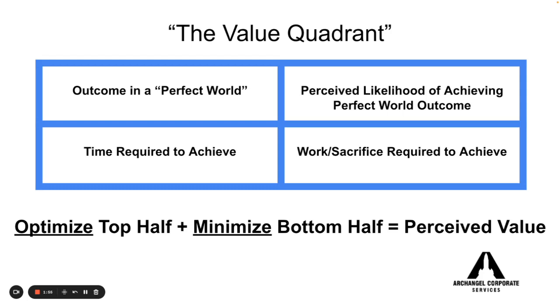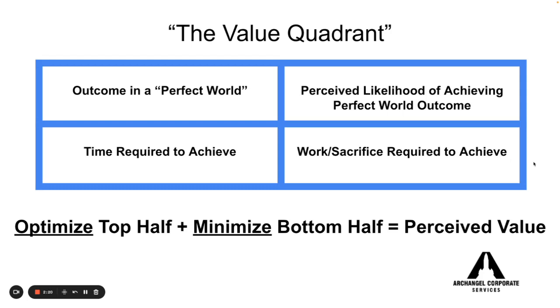They don't have to do anything other than sit back, relax, and enjoy the ride and know that we have considered what they want and we are doing everything we can to make that happen for them. So if we can minimize the lower level, as you can see here, just kind of summarize, minimizing the lower level, minimizing time, minimizing sacrifice on their part, that will equate to a higher perception of value.